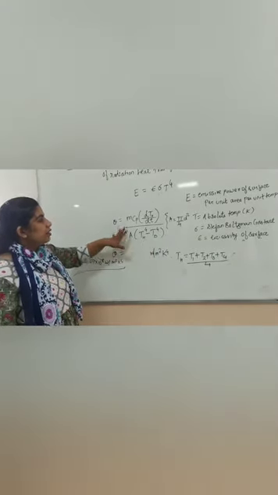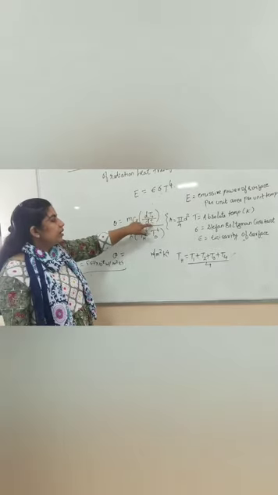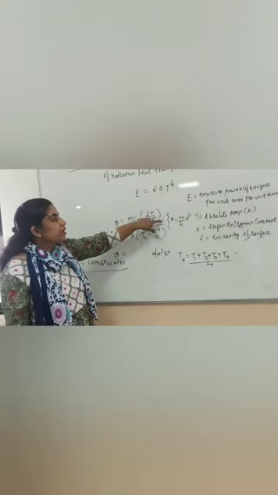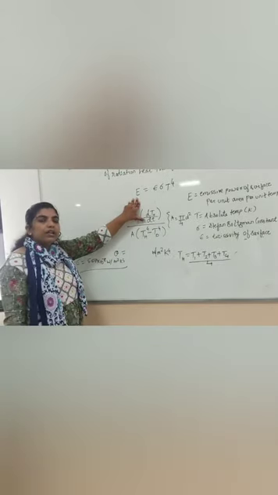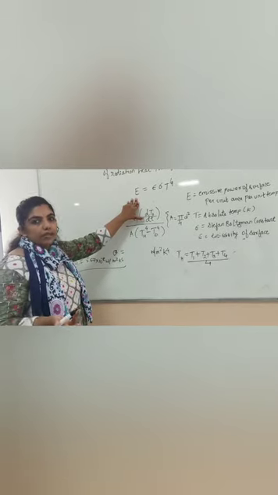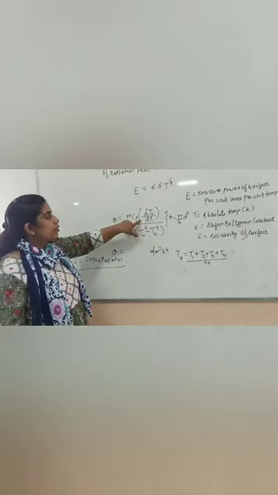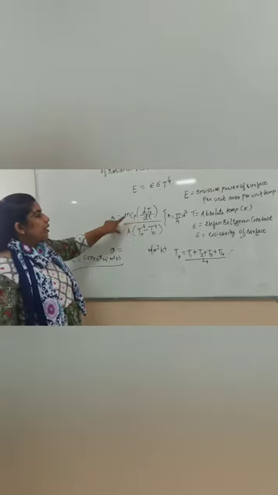And there is dT0 by dt, that is the temperature with respect to time, which we can calculate by using a stopwatch within some intervals of time. This is the slope value.